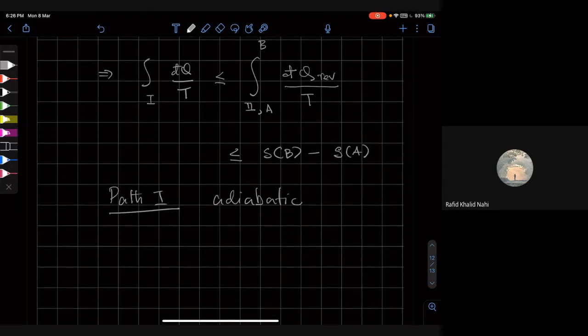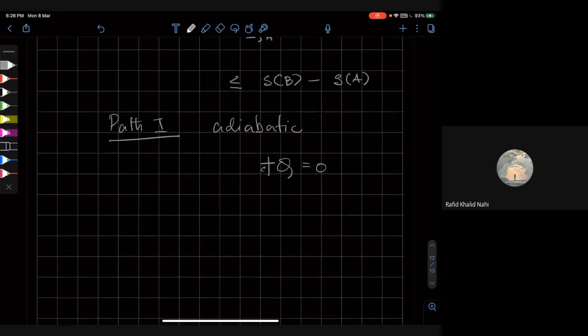And if it's adiabatic, that means that along path 1, we have dq equal to 0. Then we see that S of B is greater than or equal to S of A.